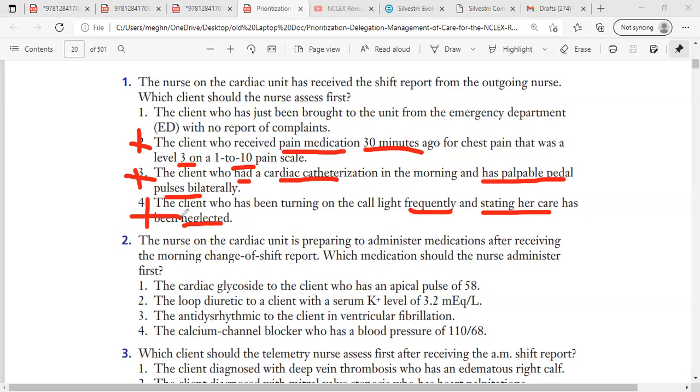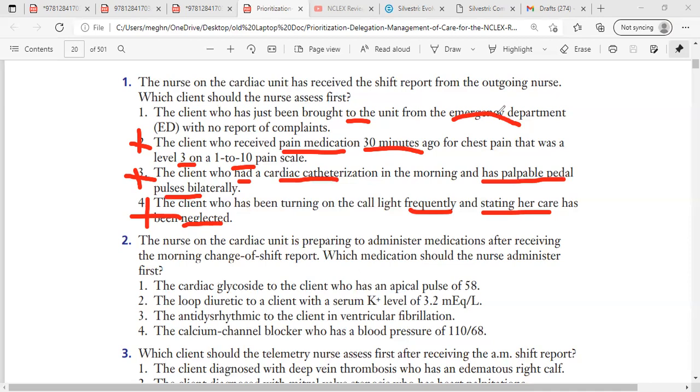Now number 1, the client who has been brought to the unit from the emergency department. Although the patient does not have a complaint, it involves the ED. This client may or may not be stable. Who knows?